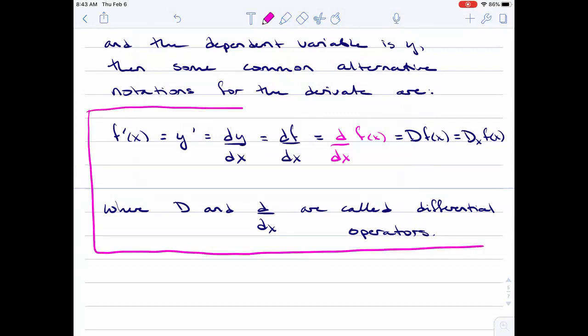Put a little box around this just so that we can remember that all of these are the same.